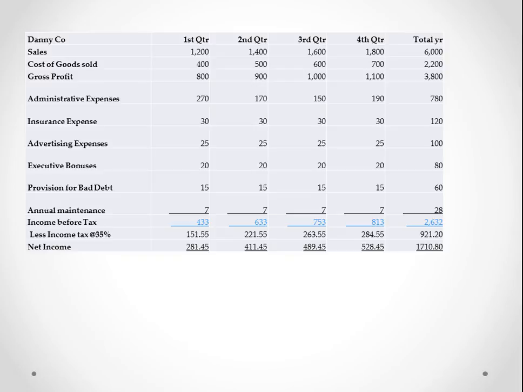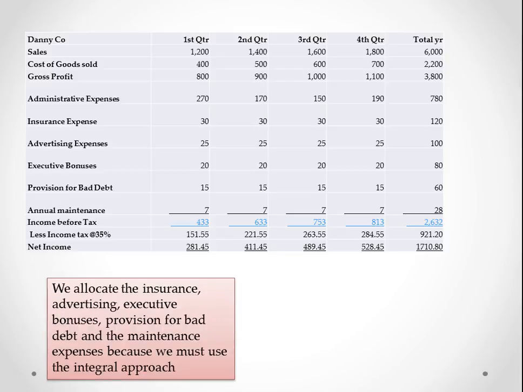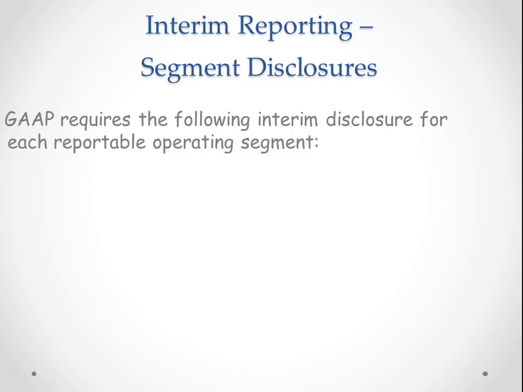So this is what it would look like. As you can see, we have prorated the insurance, the advertising, the executive bonuses, the provision for bad debt, and the annual maintenance, so that we could levelize our income. And this is what it looks like when you use the integral approach.